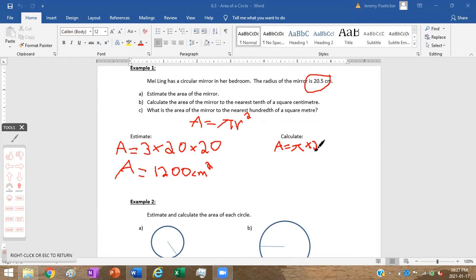Times 20.5, and I'm going to write my units. I know it's extra ink or pencil lead. Doesn't matter. I want you to get used to writing units. Times 20.5 centimeters.